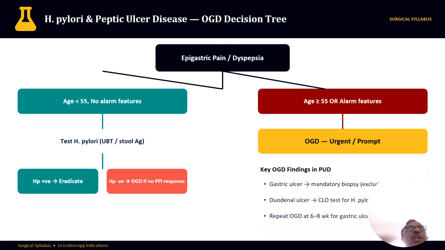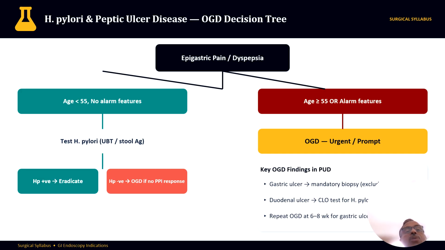On the other hand, if the patient is less than 55 years and there are no alarming features in the form of hematemesis or weight loss, then you first test for H. pylori by stool antigen or urea breath test. That is the protocol. Once it comes out positive, give treatment for H. pylori for at least 14 days to eradicate it.